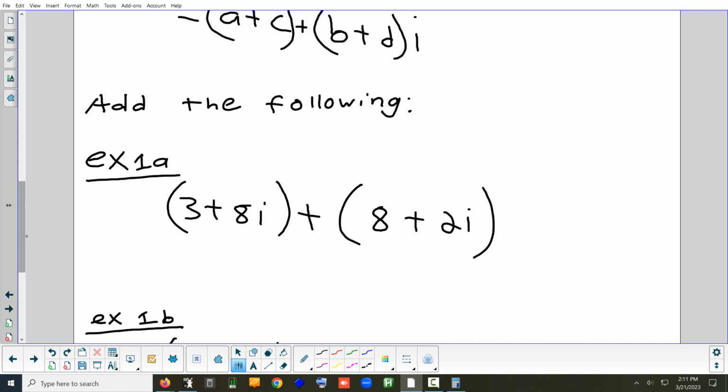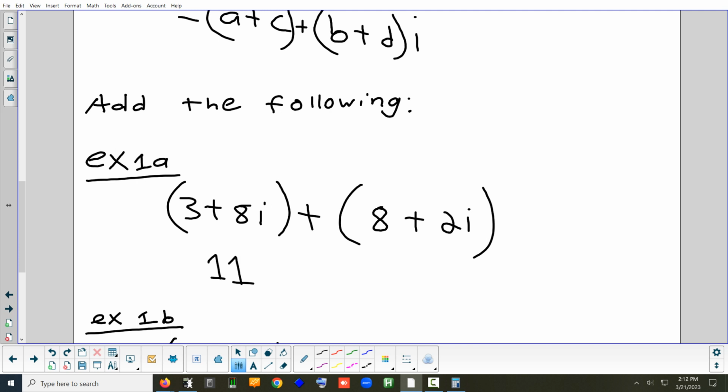First? 3. And what's the real part of the second number? Yep. 8. And the operation we want to do is addition. So what do you get when you add those up? 11. So that's going to be the real part of your complex number. Try to make your ones look different than i's, because otherwise things get confusing quickly. So the real part is 11.